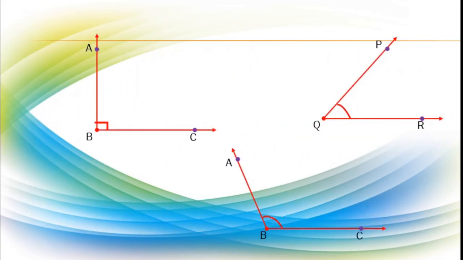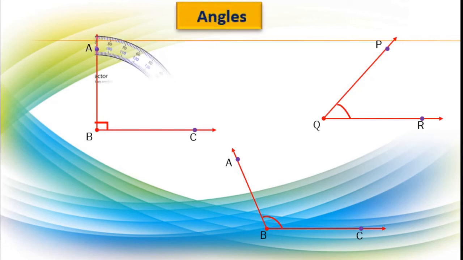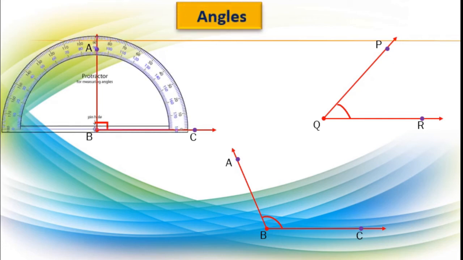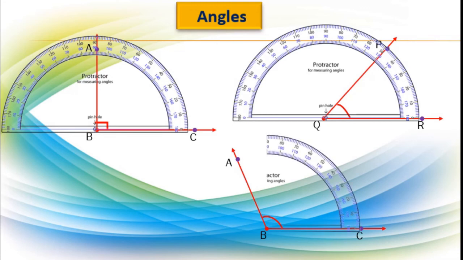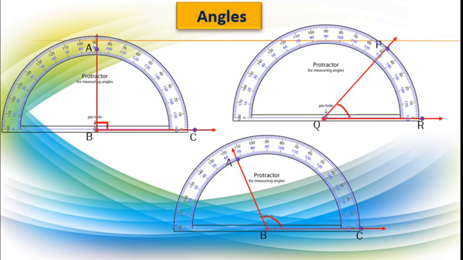Now students, here three angles are drawn. Now I will attach a protractor here and we will see. Yes, see, the protractor shows 90 degrees. Correct? Now here also and here also. Now we kept the protractor on the angles. The first one shows 90 degrees.